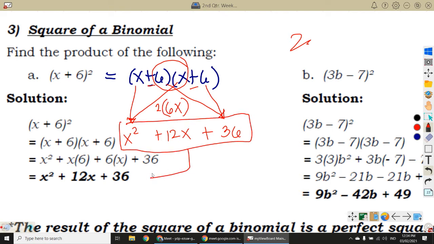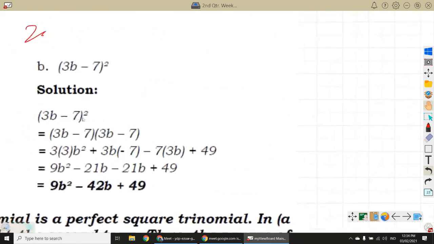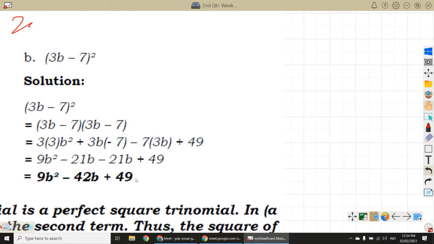Ayan, tingnan niyo nasa baba. Okay? Let's have another example. The same lang naman ang gagawin natin kung anong ginawa natin kanina sa sum and difference. So, this one, parehas na parehas. So, we have 3b minus 7. Okay? So, squared siya, no? Kunin natin ang square nito, this becomes 9b squared.